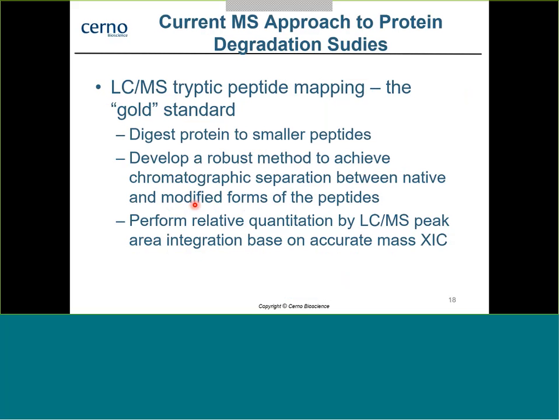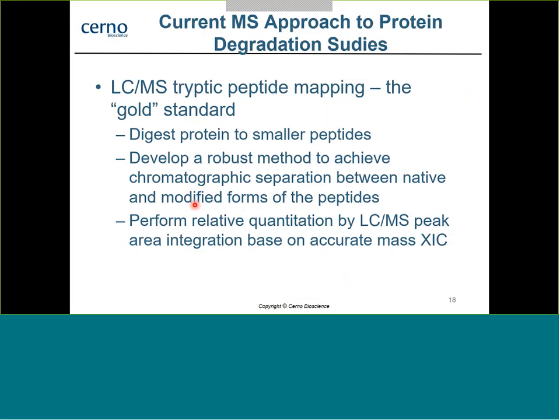And the current mass spec approach to protein degradation studies is, of course, LC-MS tryptic peptide mapping, which is really considered the gold standard for looking at these degradants. And of course, the process that one goes through is you digest the protein to smaller peptides.